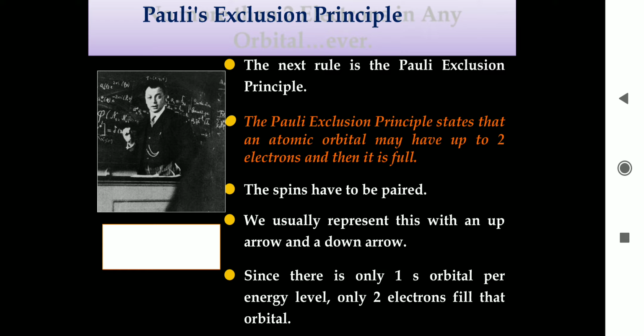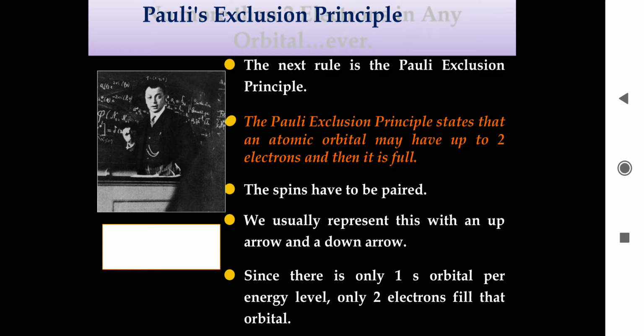Pauli's exclusion principle is defined as: no two electrons can have the same set of four quantum numbers. What are those four quantum numbers? Principal quantum number, azimuthal quantum number, magnetic quantum number, and spin quantum number.